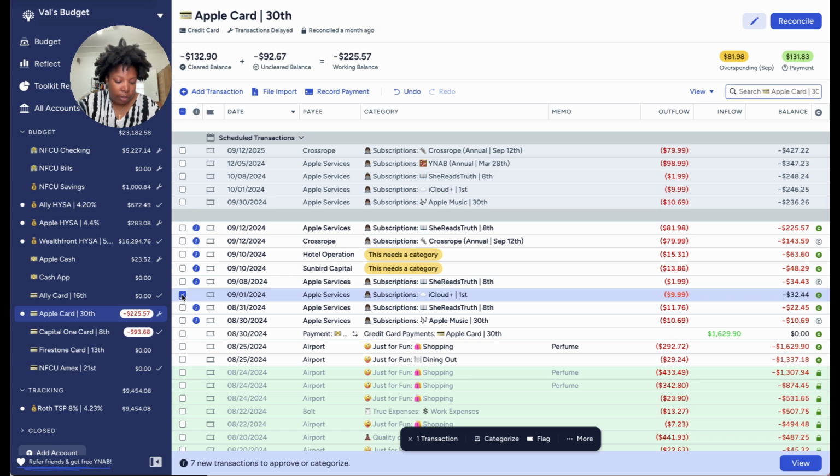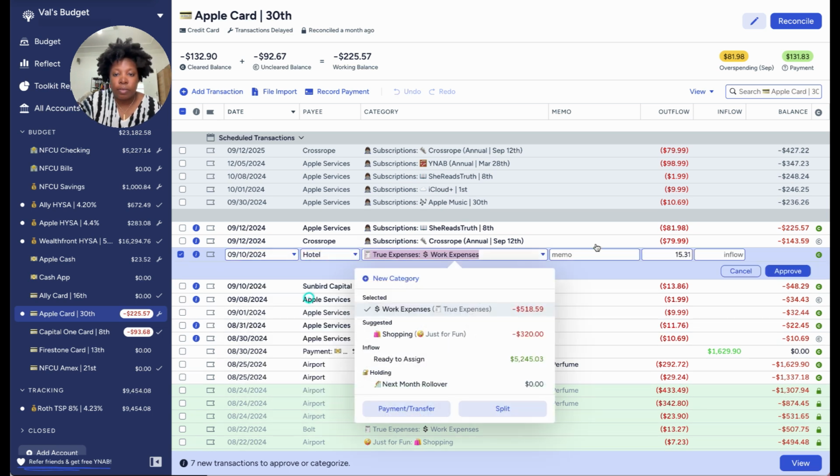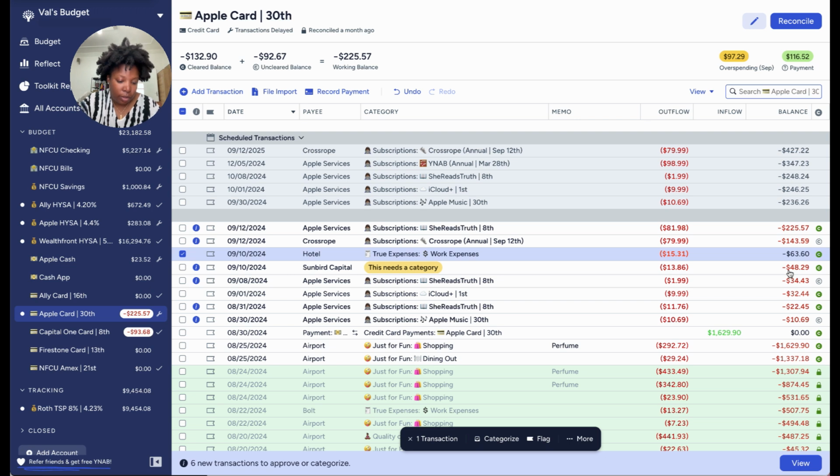Then we have a hotel charge for $15.31. And let's go ahead and approve that. Then we have another hotel charge for $13.86, which is this one.